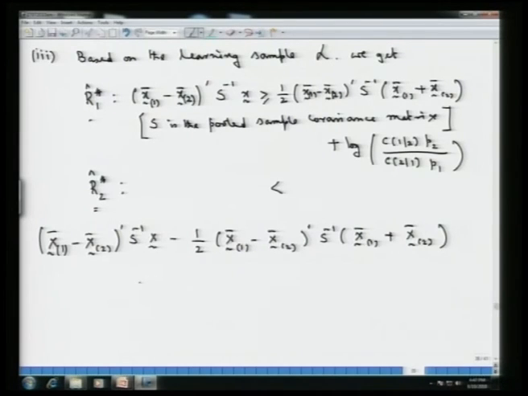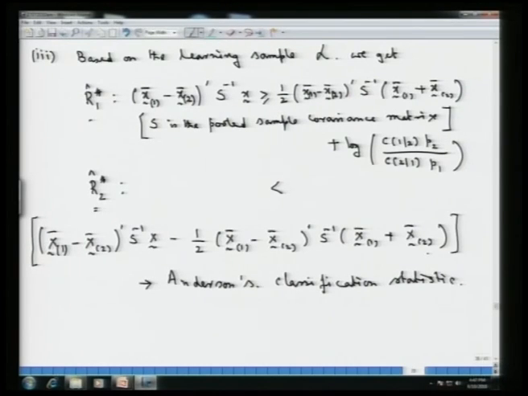This is called the Anderson statistic, the Anderson's classification statistic. This is just a name as such, that this particular term, which involves the random variables, is called the Anderson's classification statistic.